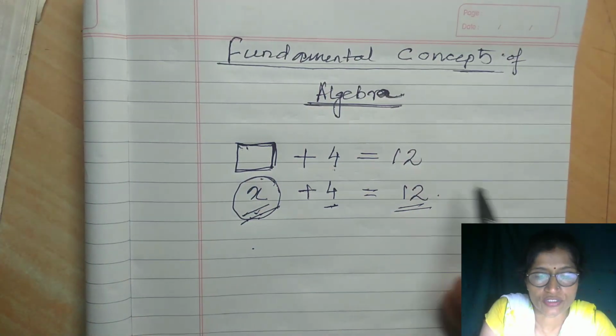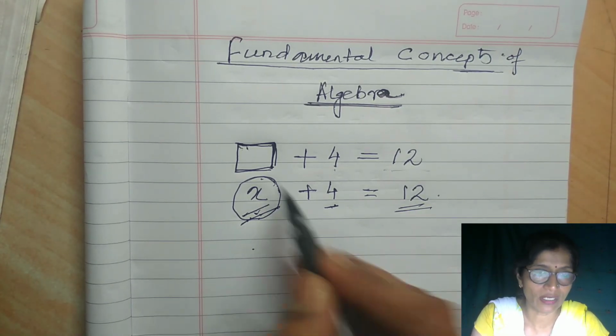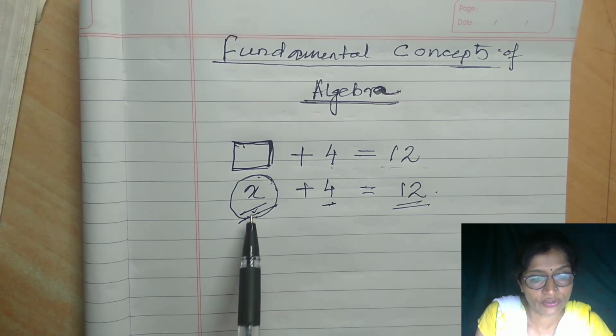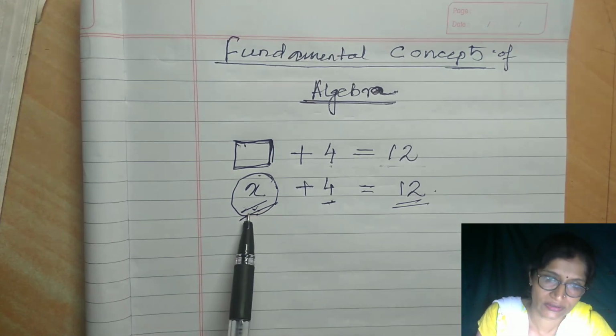In arithmetic we use numerals to represent a specific number, like to represent 4 and 12 I have written the numerals here. But in algebra, along with the numerals, we use something unknown represented by letters.